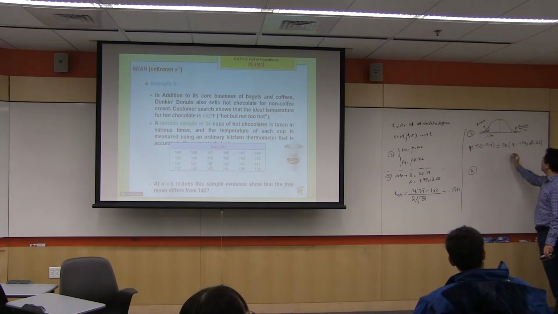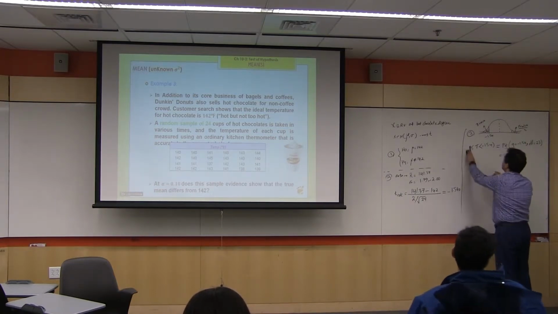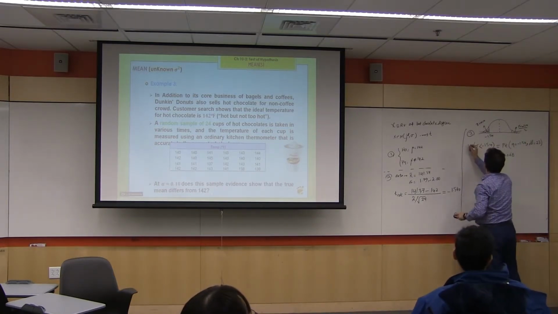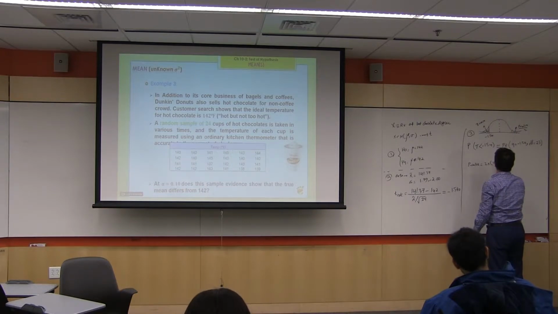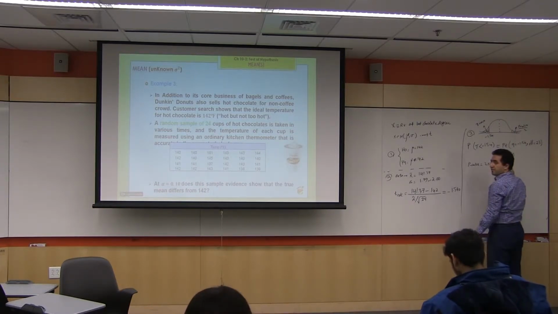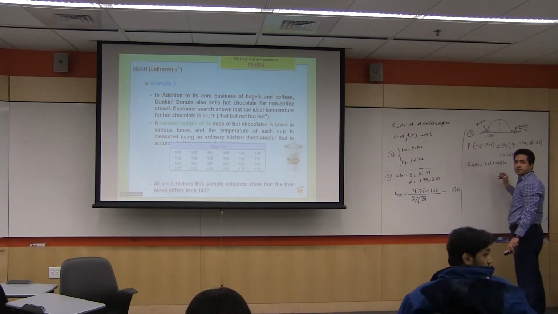And you will get the answer equals 0.068. This is half of my p-value. Is that right? So the p-value is 2 times 0.068, and the answer is, Mohit? 0.136.